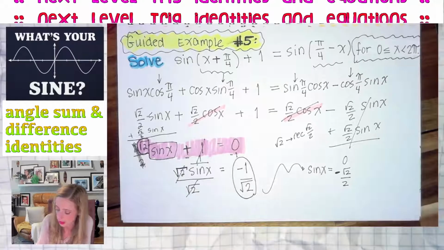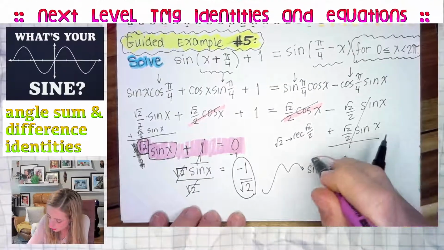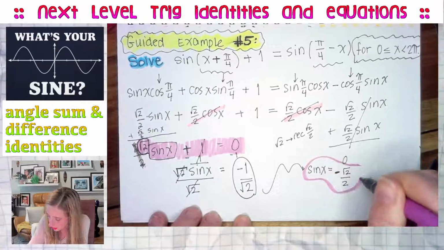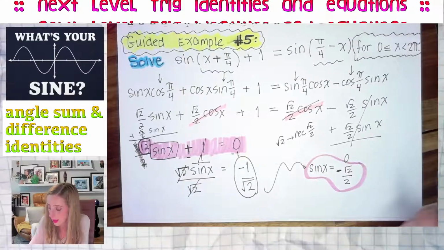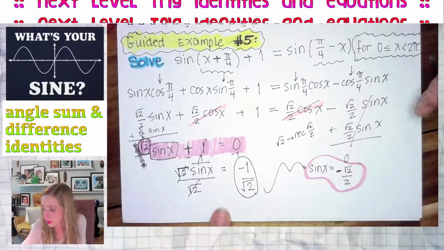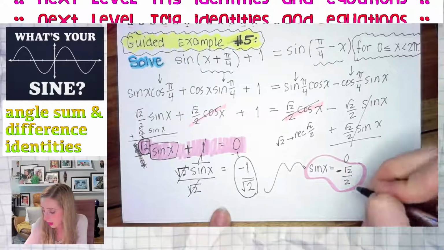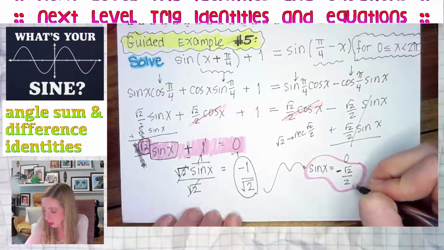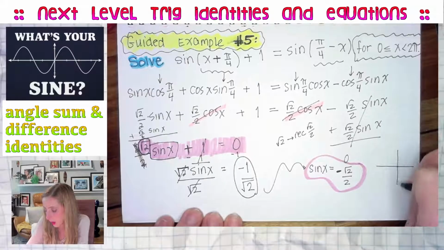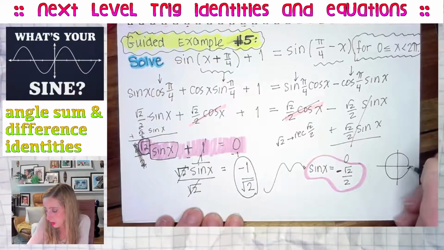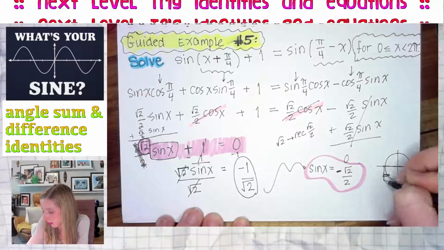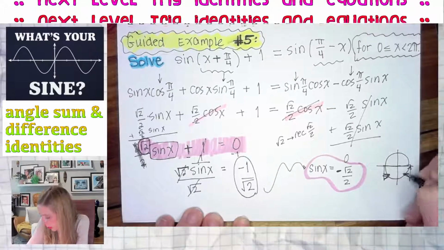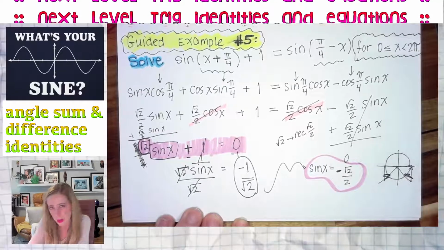So we're here right now. We are solving. This is trig inverse, whatever way you want to think of it, but the sine of what angle or angles between 0 and 2 pi give us negative root 2 over 2. Where between 0 and 2 pi are my y values down? What angles are those?